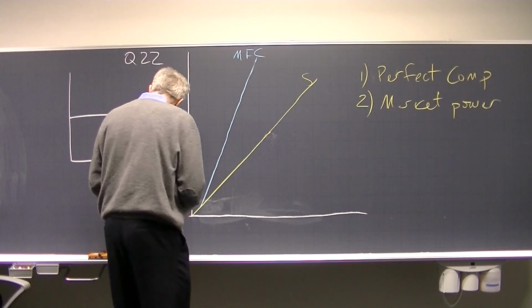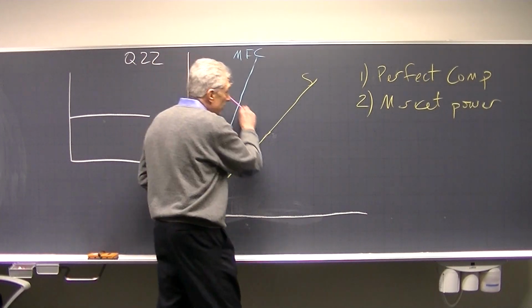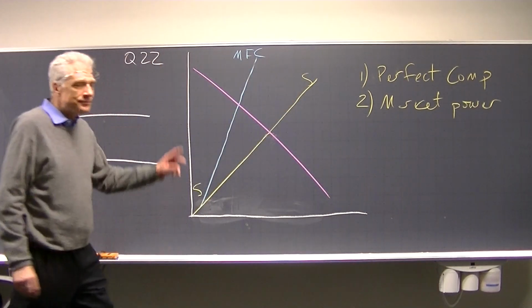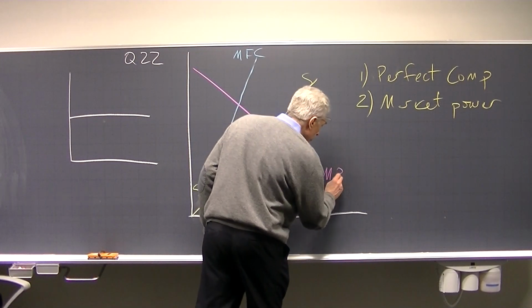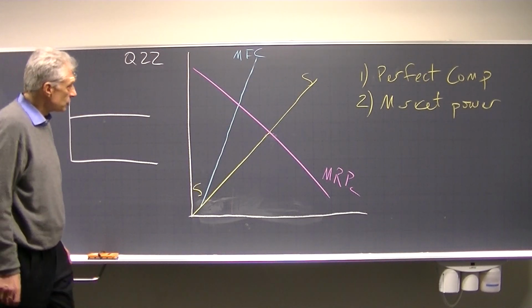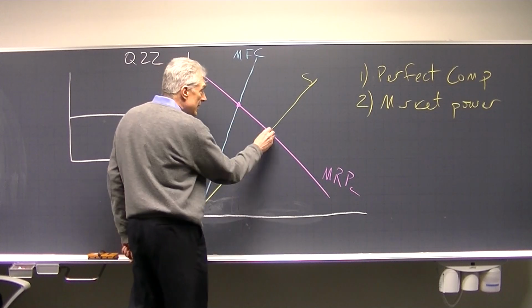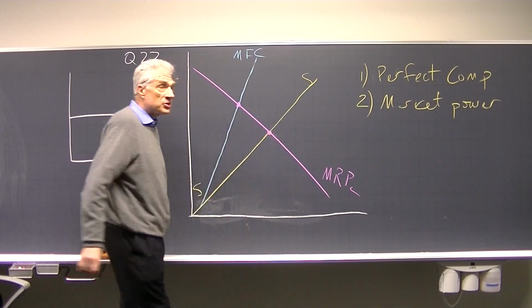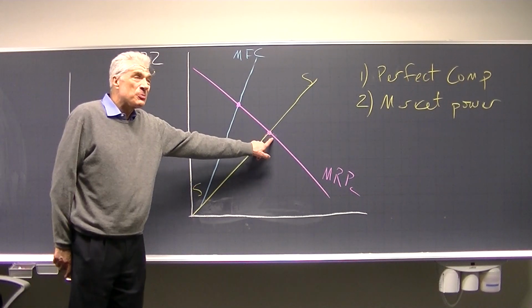So here we've got the marginal revenue product of labor. They're going to set marginal revenue product equal to marginal cost. That's the perfect competition outcome.